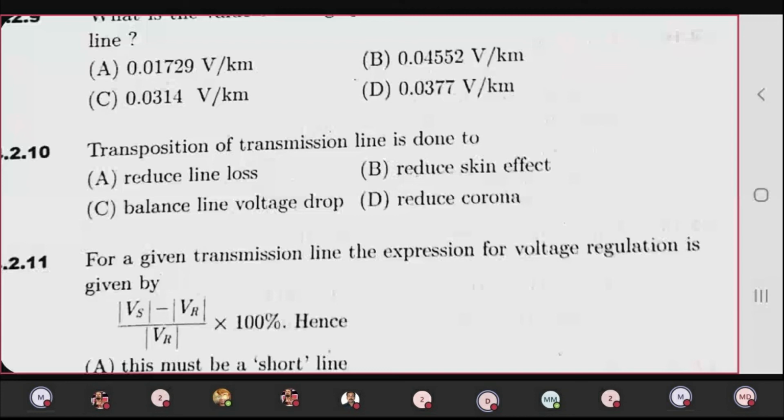Due to this inconvenience, transposition is done. So the intention of transposition is to balance line voltage drop. We have to make sending and receiving voltages equal, so we use transposition. Option C is the correct answer.